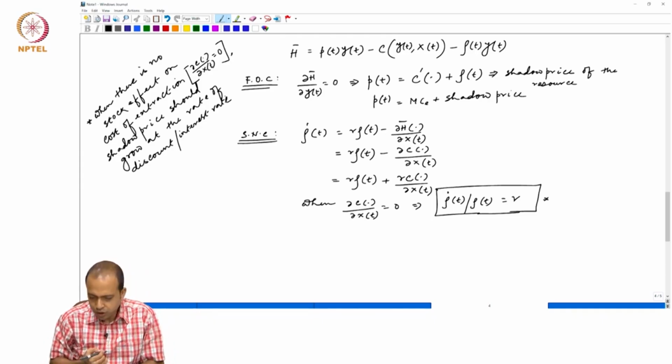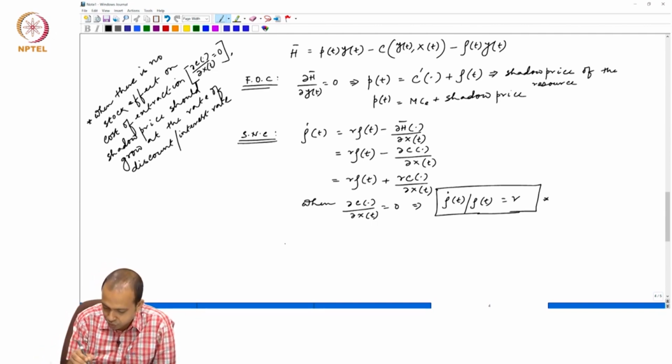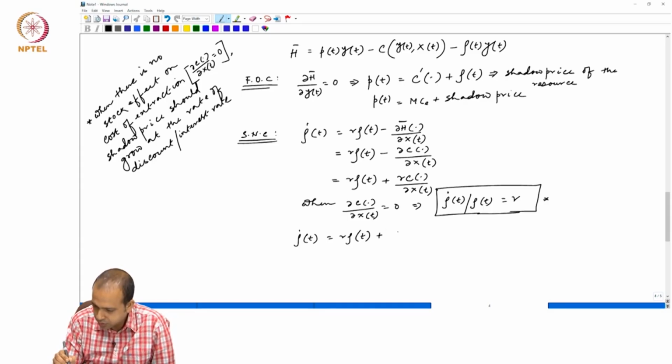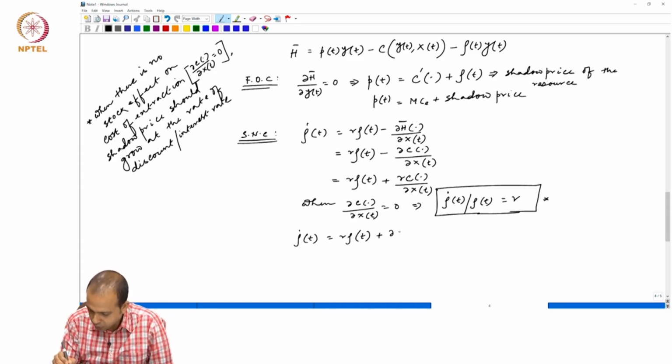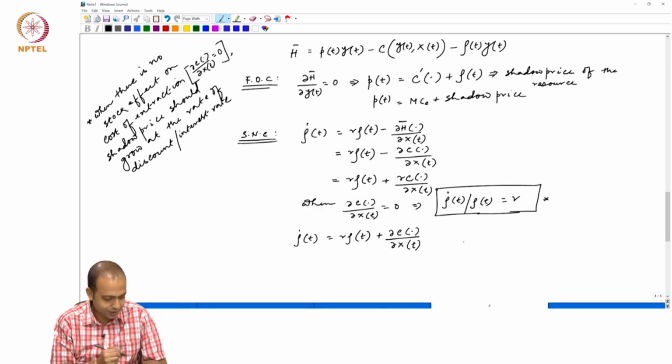All right. Now, this condition rho dot t equals r into rho t, this we need to again examine. So, rho dot t equals r into rho t plus del C dot del xt. This condition we need to analyze.